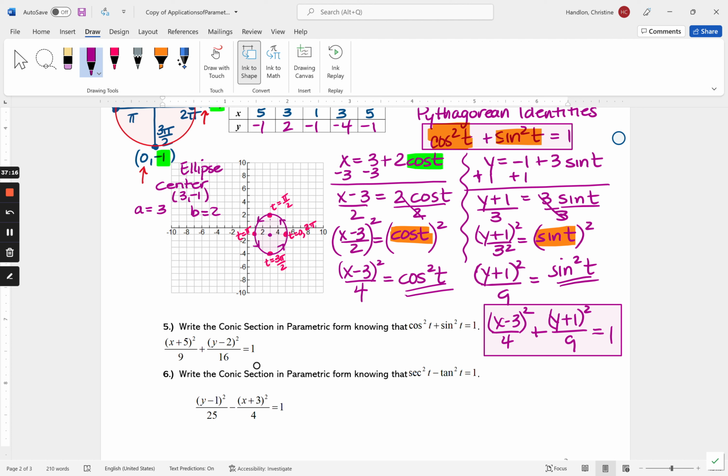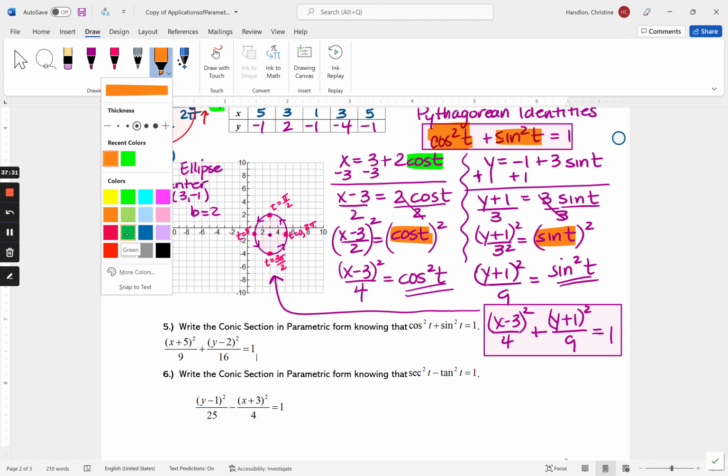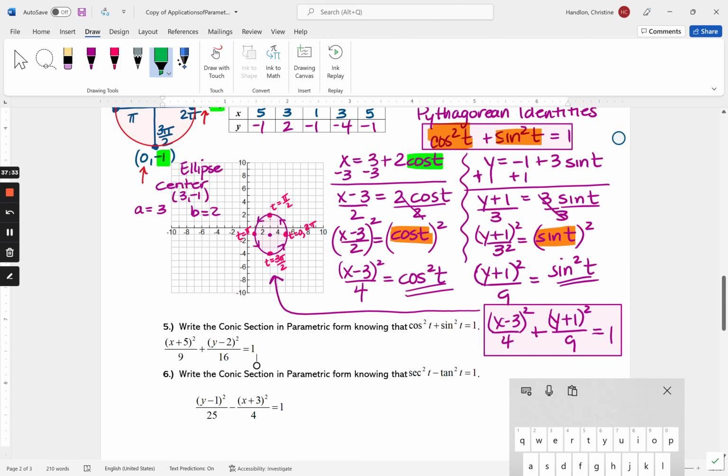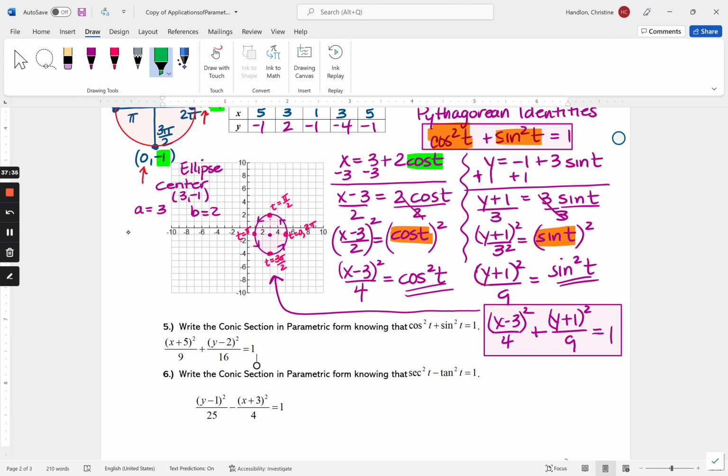So what do I want you guys to notice? I want you to notice the following. This is the equation of an ellipse. Notice that the center is going to be, you told me the center was supposed to be 3, negative 1. Well, if you take the opposite of this number, it's going to be a 3. If you take the opposite of this number, it's going to be negative 1. You told me that a equals 3 and b equals 2.